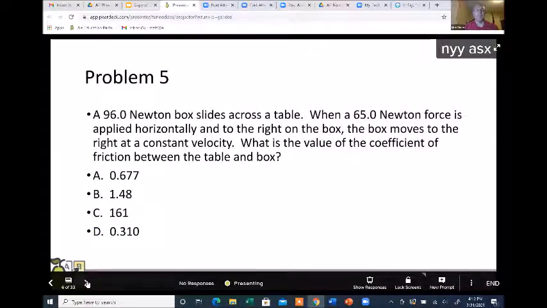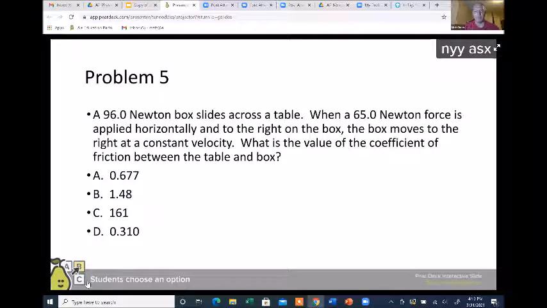Here's problem 5. Same problem, different question about the problem. So see what you can do by finding the coefficient of friction.